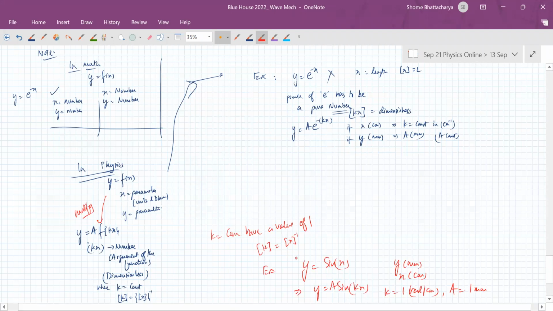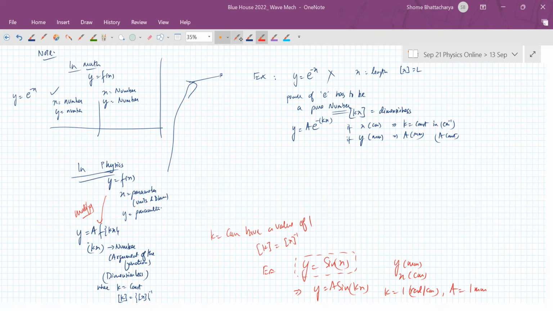Otherwise this equation doesn't make any sense. Mathematically, sine x is a dimensionless term, so how can y be in millimeters? Similarly, x should be a dimensionless term, so how can it be expressed in centimeters? So even if we are writing the equation y equals sine x, it means that there is a constant 1 into x, where that 1 has a dimension of radian per centimeter. Only then the equation makes sense.